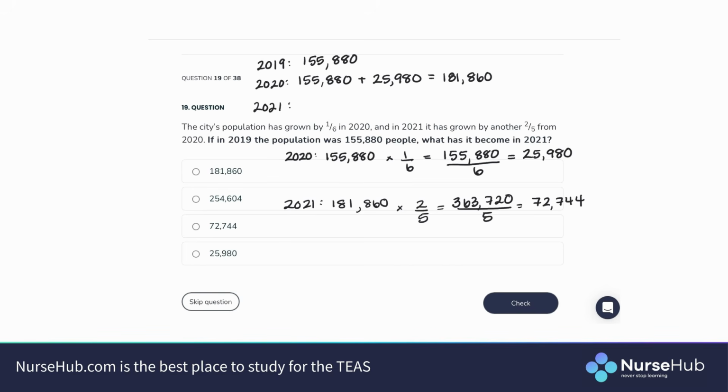So we're going to do the exact same thing: 181,860 plus 72,744. What does that give us? 254,604, which is this choice right here.